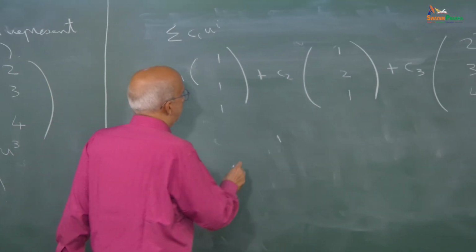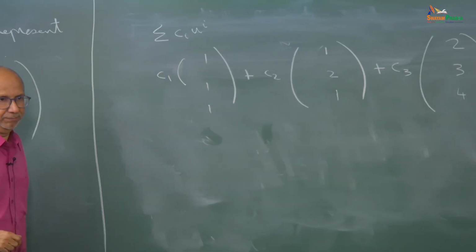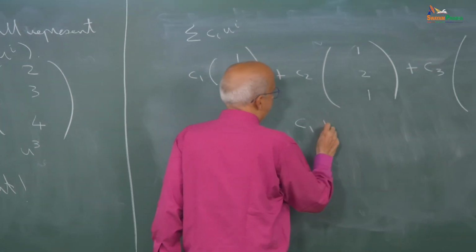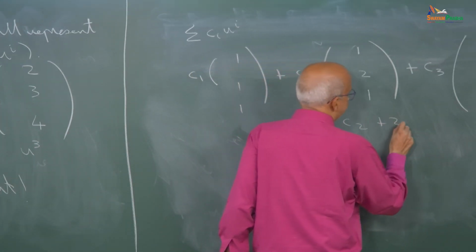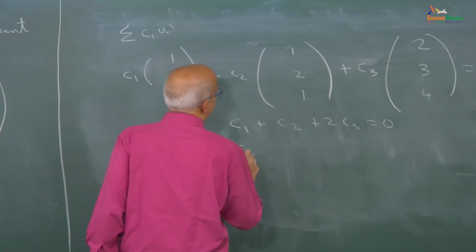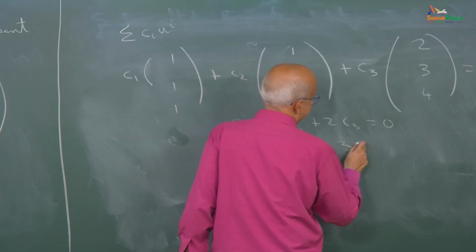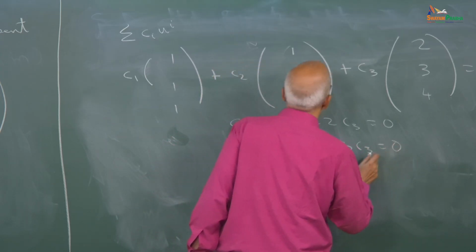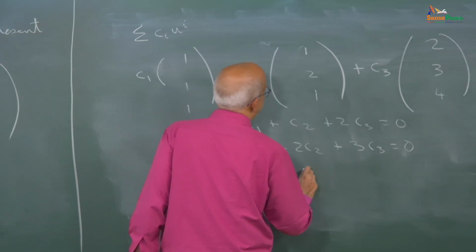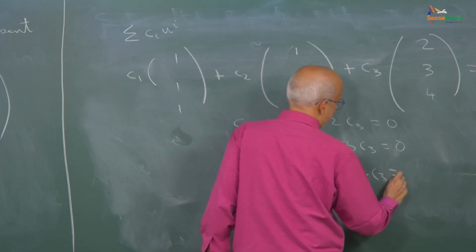We are trying to find C1, C2, C3. So, C1 plus C2 plus 2 C3 equals 0, C1 plus 2 C2 plus 3 C3 equals 0, and C1 plus C2 plus 4 C3 equals 0.